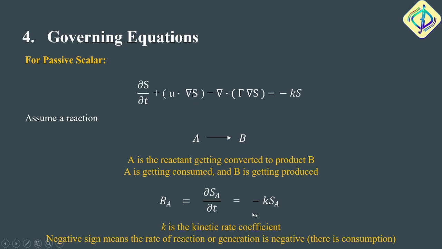So if you have this particular equation, minus kSA, the rate coefficient k will be determining whether your scalar is getting consumed, and in this case it's already negative, so it will say that your scalar is getting consumed. Okay, now this is just for one scalar, that's why I've labeled it as scalar A. If you have multiple scalars or multiple parameters that you want, your scalar can be anything. Okay, it can be temperature, or some pollutant or some molecule that you are creating or you want to model.